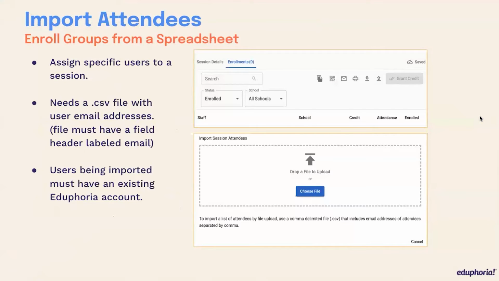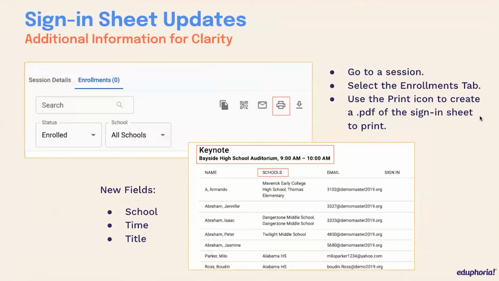We also have the option to import your attendees. So we have a spreadsheet upload now. So in your conference sessions, you can upload that spreadsheet. We've had that in the courses, but now you can actually do that in a conference. So that is a highly requested feature. And we also made some changes to the sign-in sheets that you print out for your attendance in the conferences.